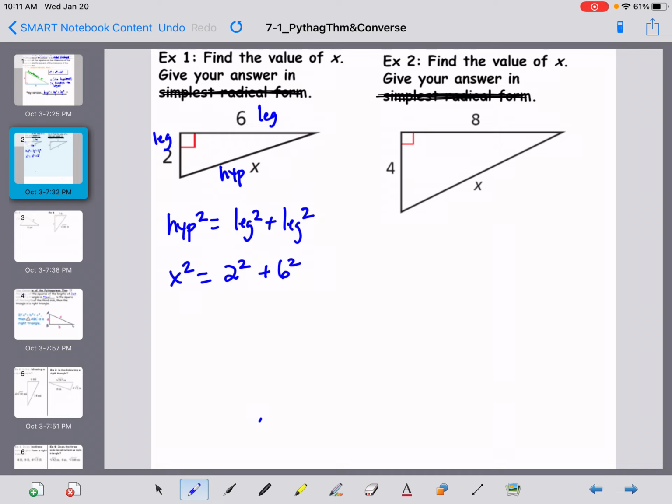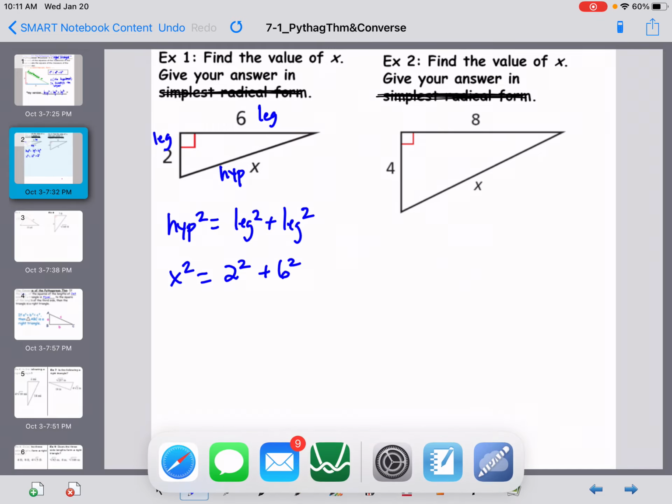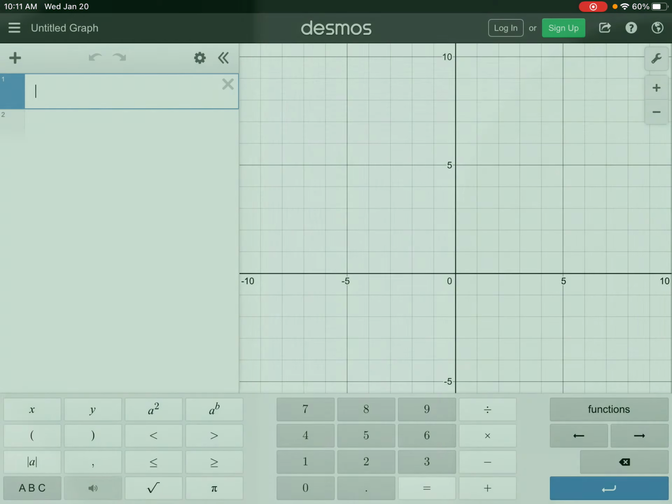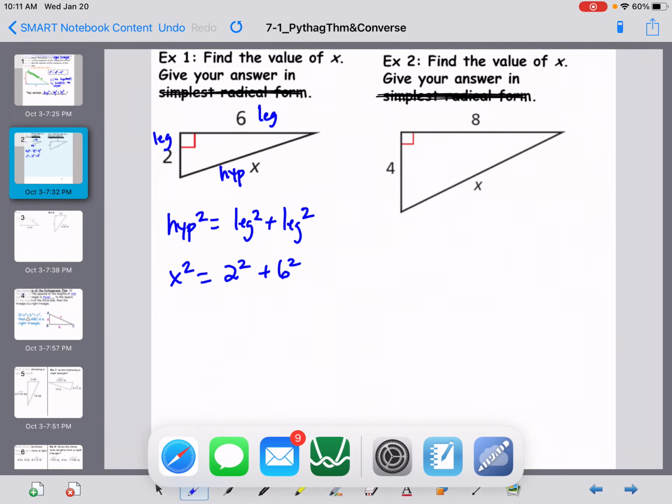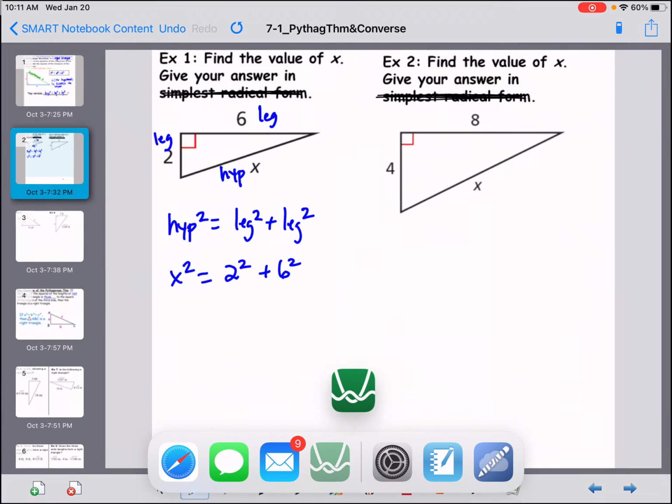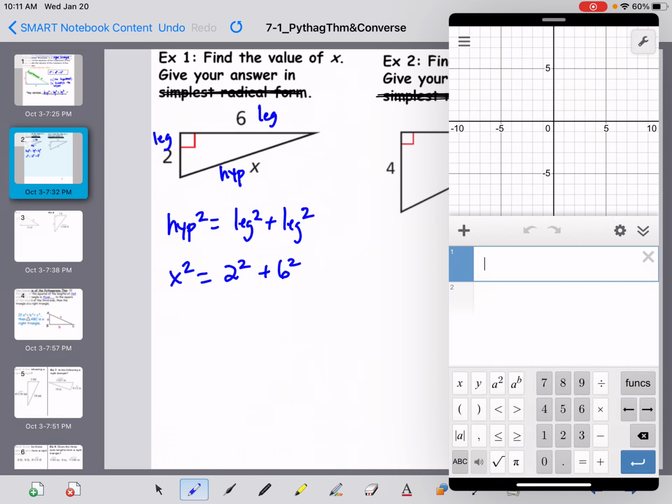And so now you can do this a couple of different ways. You can type that into Desmos. So we can say x squared equals 2 squared plus 6 squared.